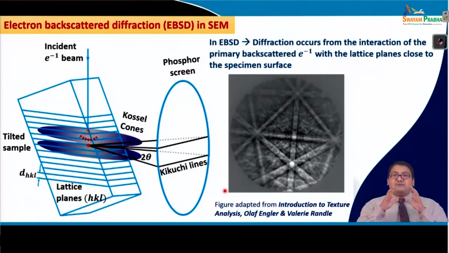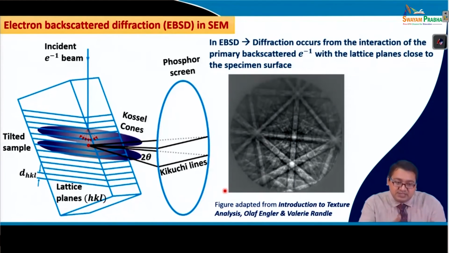In case of scanning electron microscope, the process of observing or obtaining this Kikuchi pattern is known as electron backscatter diffraction. Now, as I have said in the previous lectures, there are elastically backscattered electrons and elastically scattered electrons in the front side in case of TEM, right.